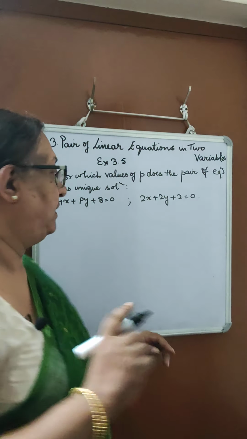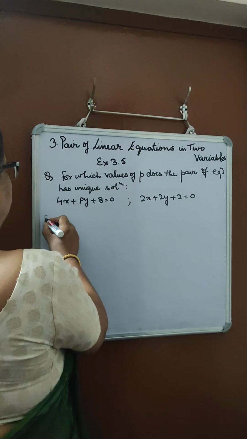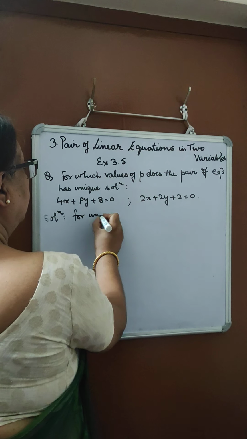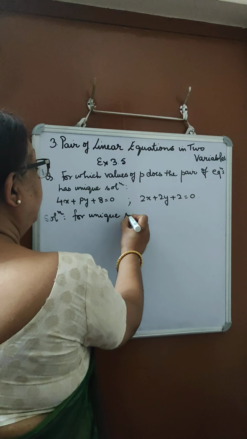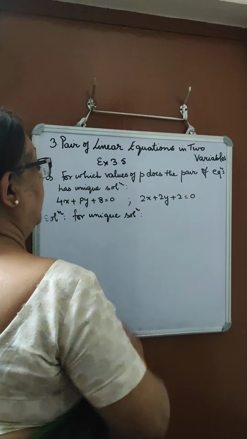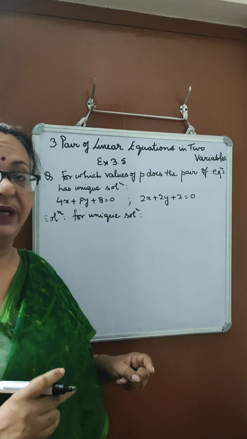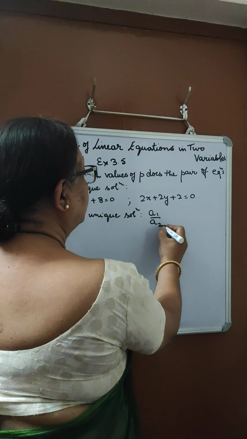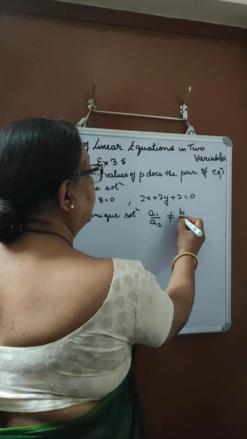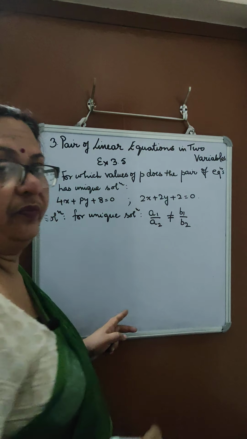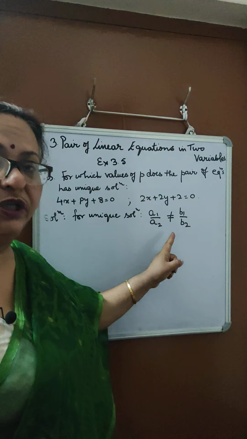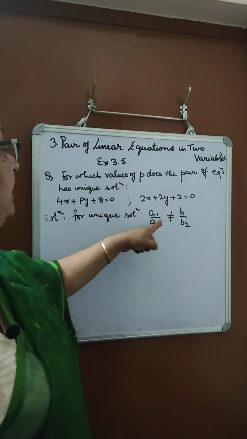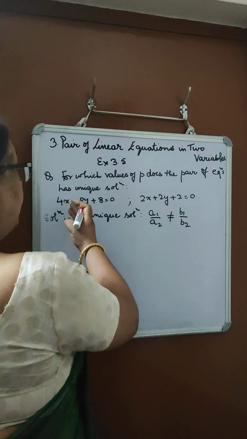Again, if you remember, come on, let's see the solution for unique solution. Now what is the condition for unique solution? If you remember, students, we had A1 by A2 not equal to B1 by B2. Again, as before, we substitute the values of A1, A2, B1, B2. If you want, you can write the values.